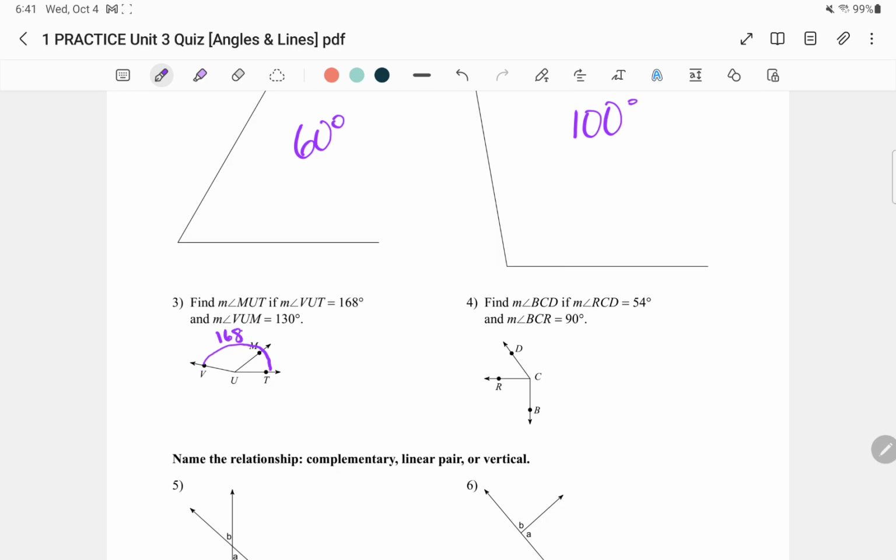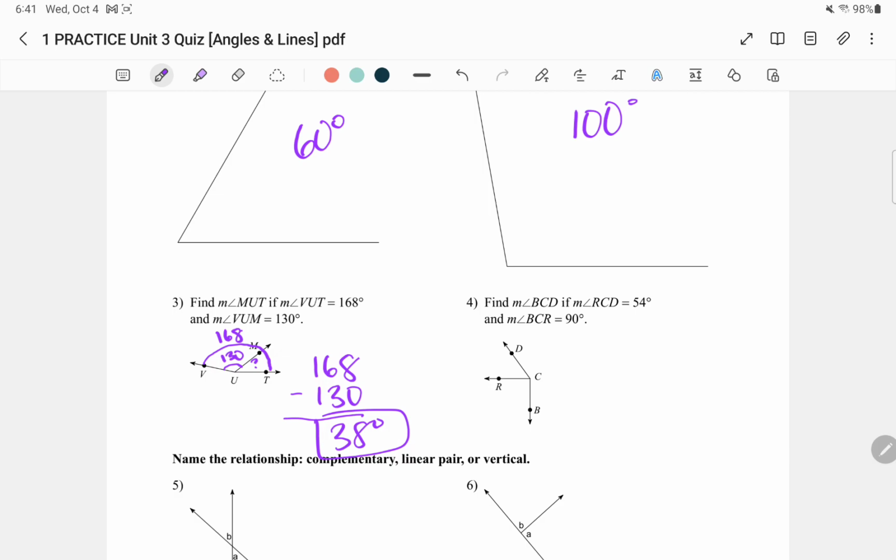And it says VUM is 130. So since I'm trying to find this one, I'm given the whole, I'm given the part, so I'm going to subtract. So 168 minus 130 gives me 38 degrees.